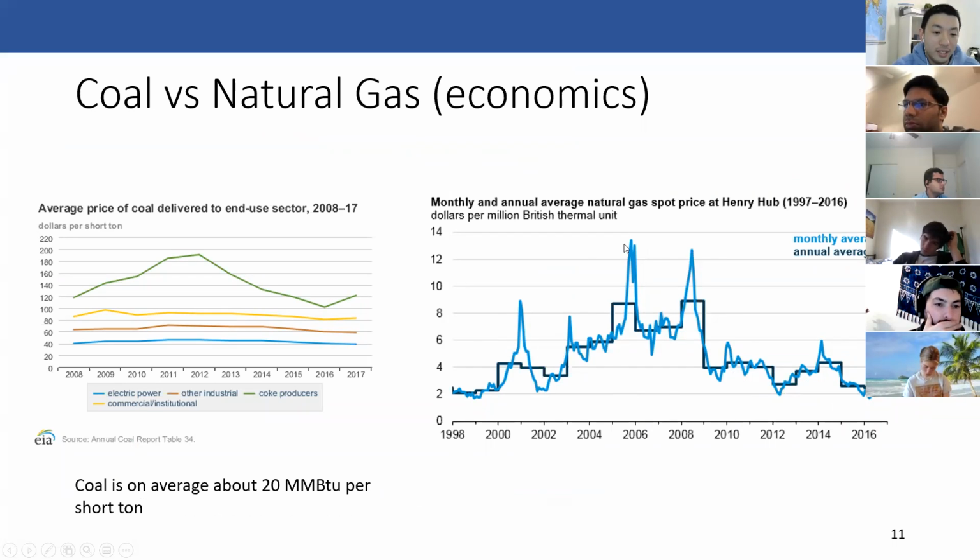And what you can see here is that once fracking became more widespread, the prices of natural gas really dropped quite a bit. And so that led to a big shift in the provision of electric power from natural gas compared to coal, basically due to the economics and the relative cheap price of natural gas.